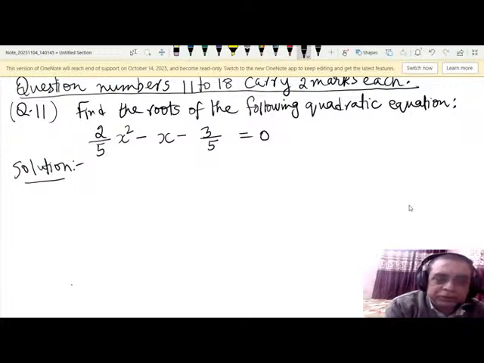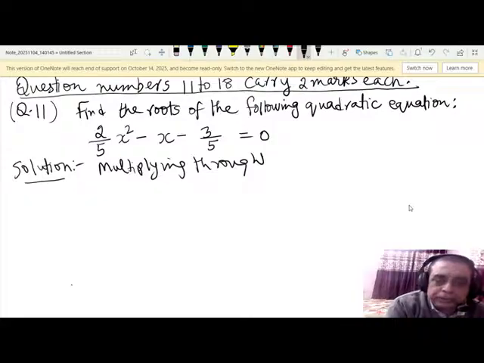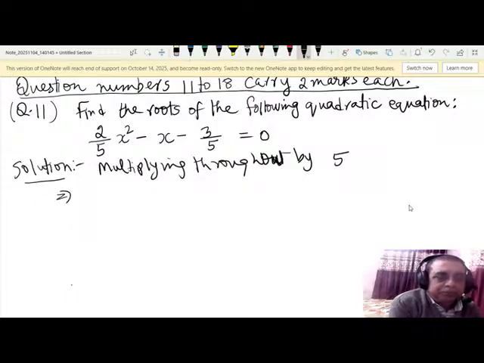So first we will have to remove the denominator. Multiplying throughout by the LCM of the denominators, which is 5. So now you multiply every term with 5.